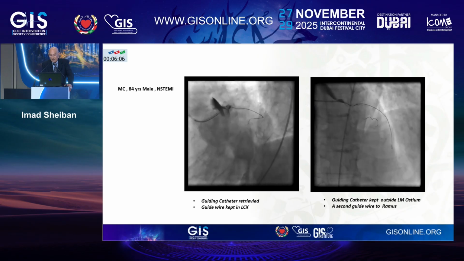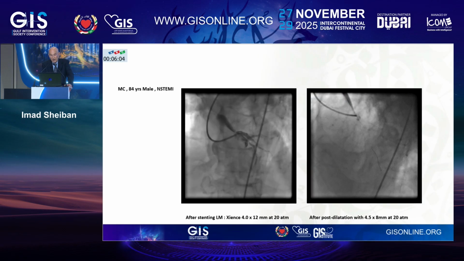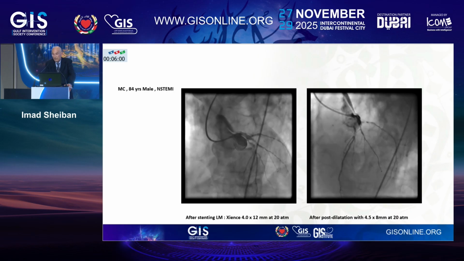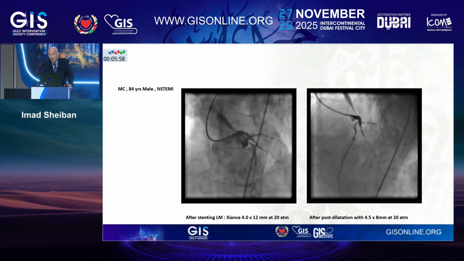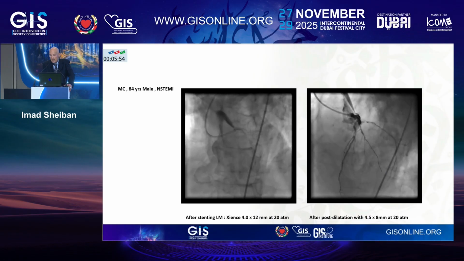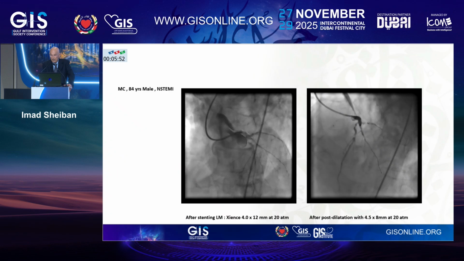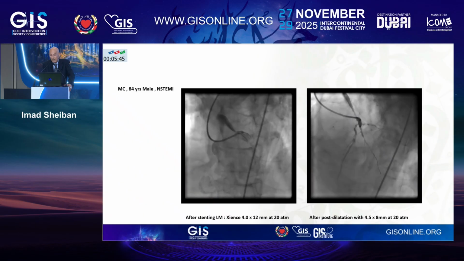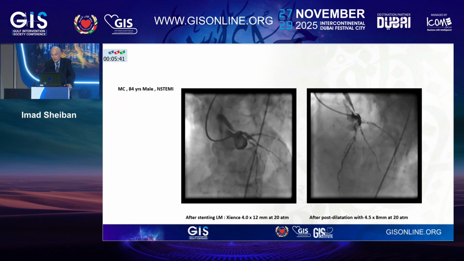Actually, we could fix it very quickly, and as long as you see contrast at the wall of the aorta, it means that there is no communication between dissection and the lumen. That means the dissection is limited. And of course, the stent helped in order not to extend that dissection more.